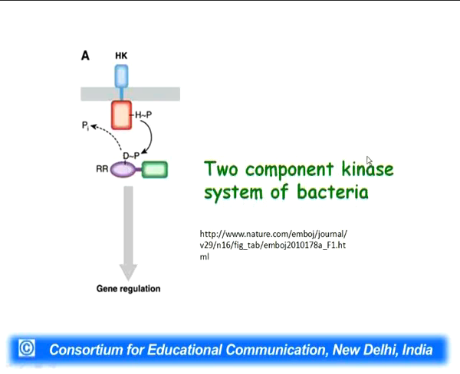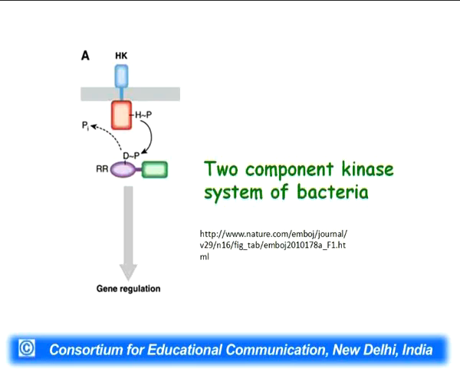A kinase is an enzyme that can phosphorylate a substrate. Phosphorylate means adding a phosphate group. This is a typical structure of a two component kinase receptor in bacteria. If some of you want to read more, you can just type in Google two component kinase system, and you will get a lot of information to read.